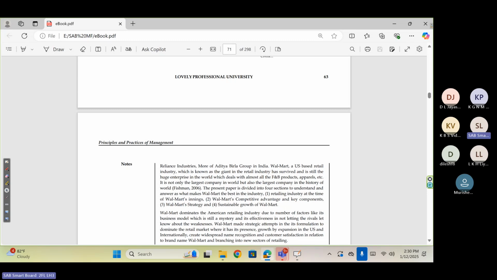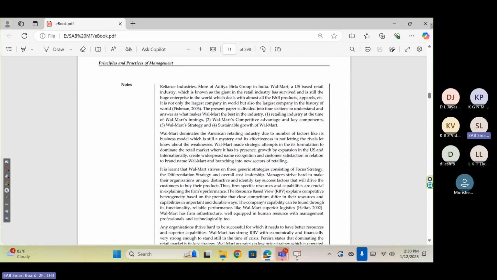One is the retailing industry at the time Walmart starts, then Walmart's competitive advantage and key components in Walmart strategy, and how it maintains sustainable growth in the industry.